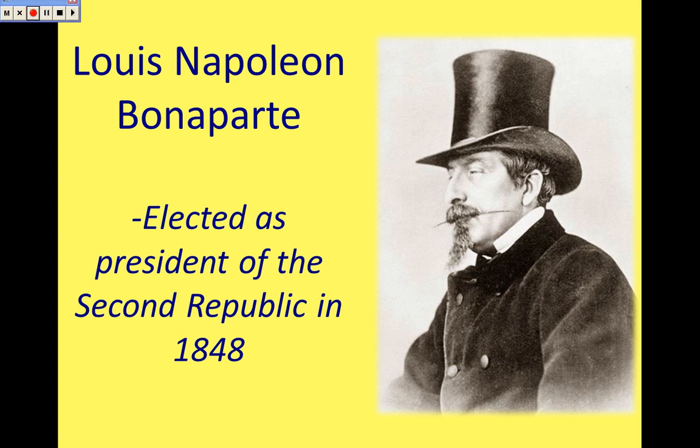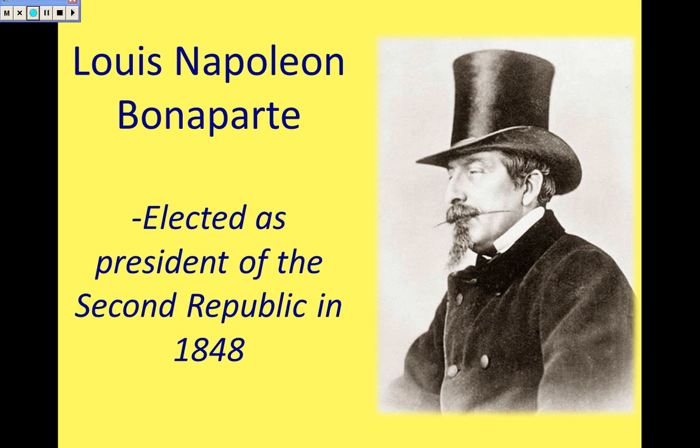And you've got a Louis and a Napoleon who's now in charge, rocking the mustache. Louis Napoleon Bonaparte, the nephew of Napoleon Bonaparte, is elected as president of the Second Republic in 1848. So Louis Philippe is kicked out.